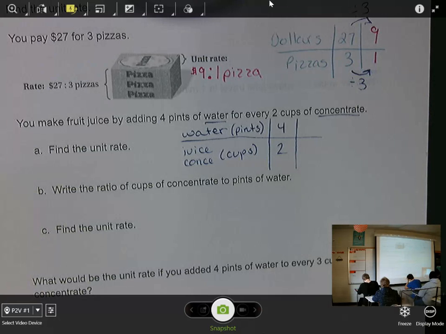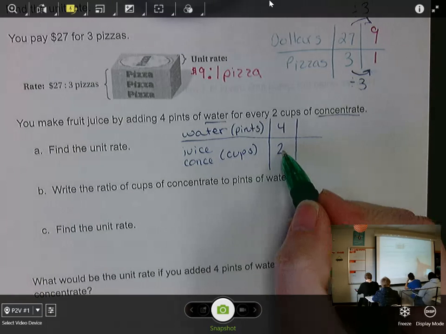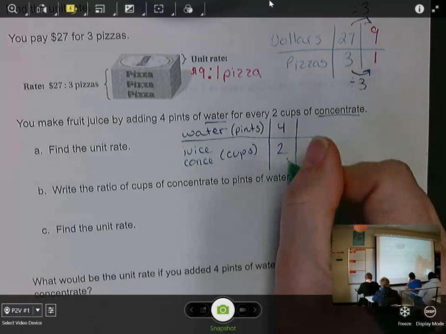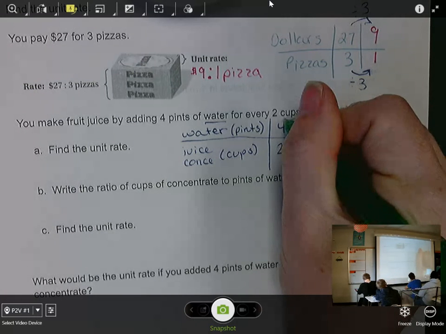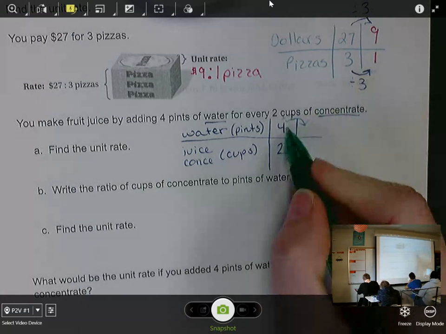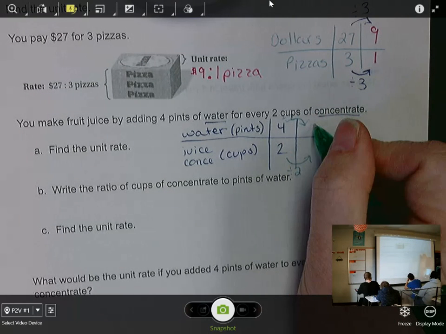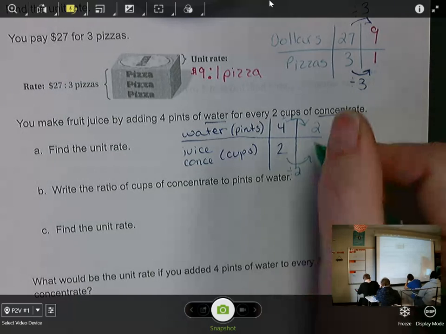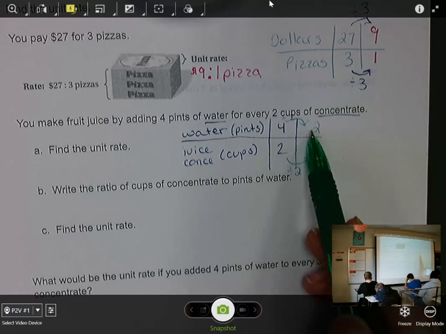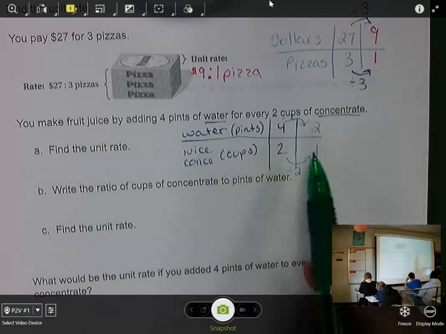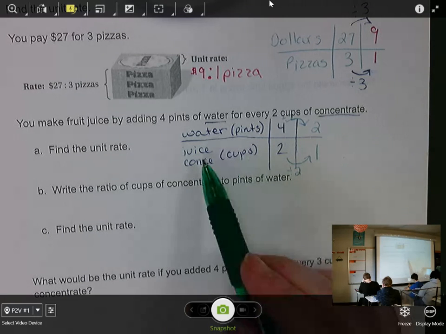Now you got to know what to divide by. You divide by the denominator, which is 2. So I divide this number by 2, and I divide this number by 2. 4 divided by 2 is 2. 2 divided by 2 is 1. So my unit rate would be 2 pints of water for every 1 cup of juice concentrate.